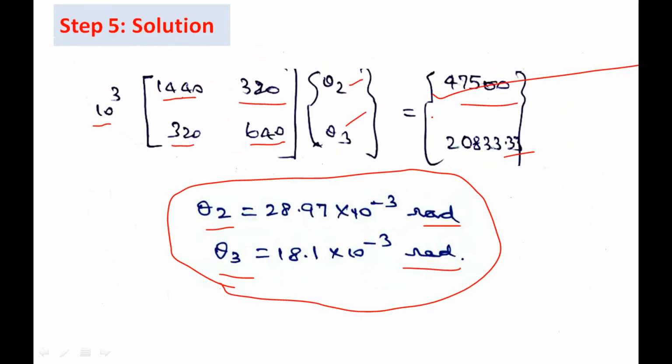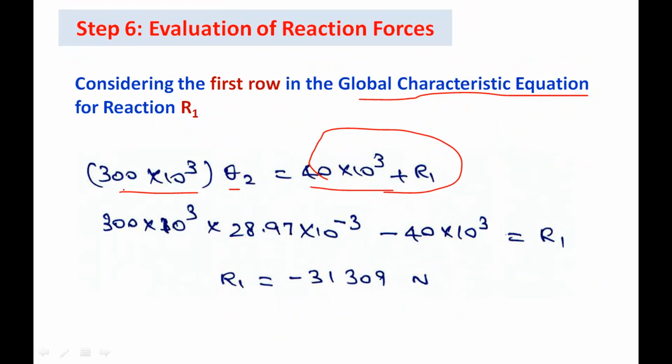Substituting the theta 2 value and taking the 40 into 10 power 3 to the other side, finally we get the R1 value as minus 31,309 Newton. This minus sign indicates the assumed direction is wrong, so it is acting in the opposite direction.